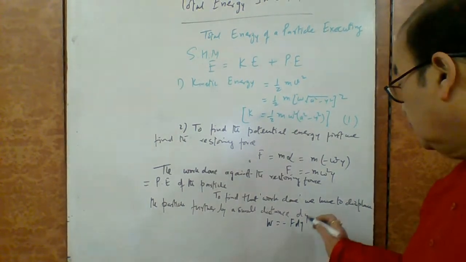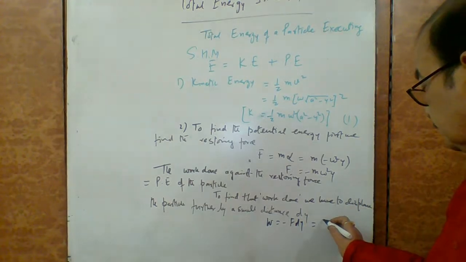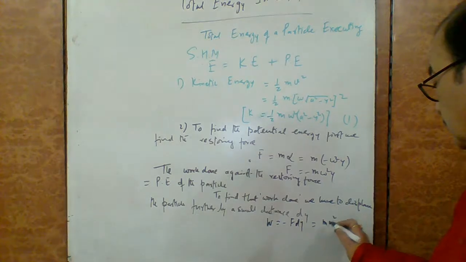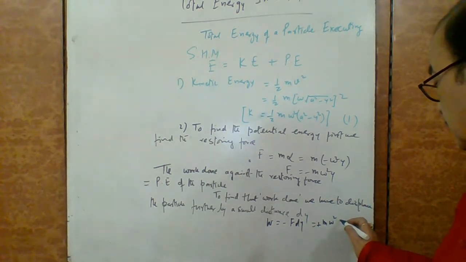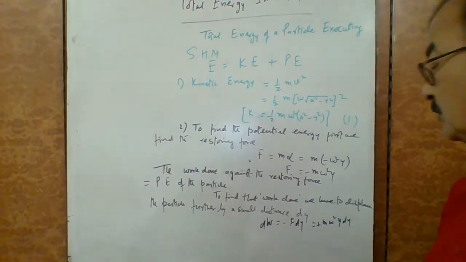Minus F dy: the minus signs cancel out, and this becomes plus m omega squared y dy, which is your dW.